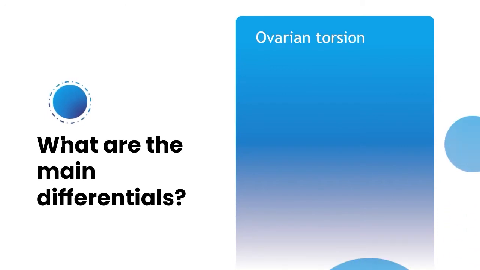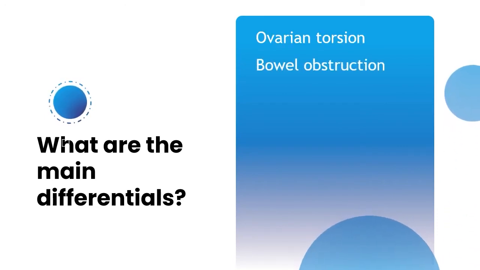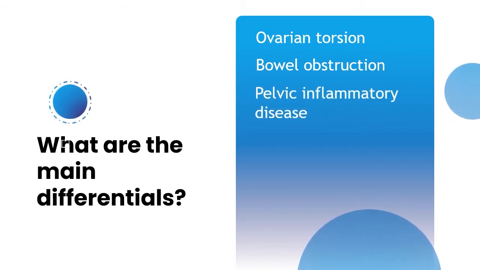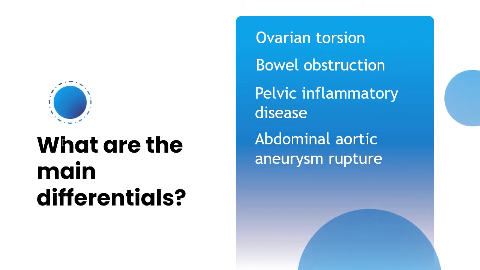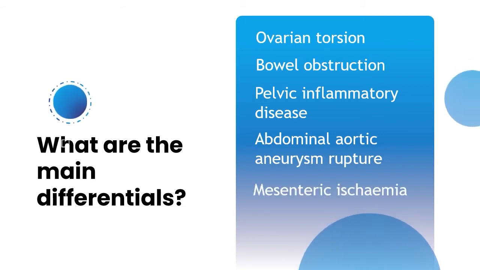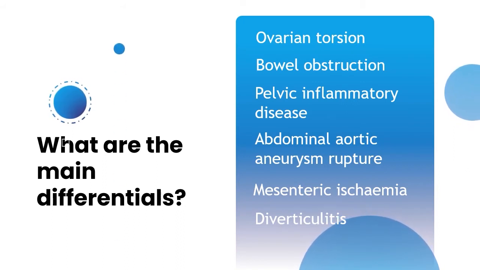And it can be either ovarian torsion, bowel obstruction or intestinal obstruction, pelvic inflammatory disease, abdominal aortic aneurysm rupture, mesenteric ischemia, or else it can be diabetic ketoacidosis.